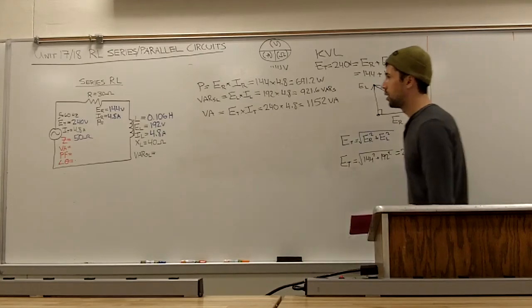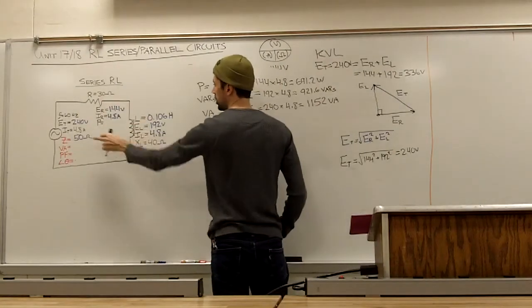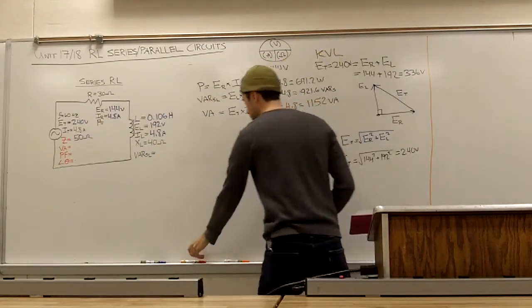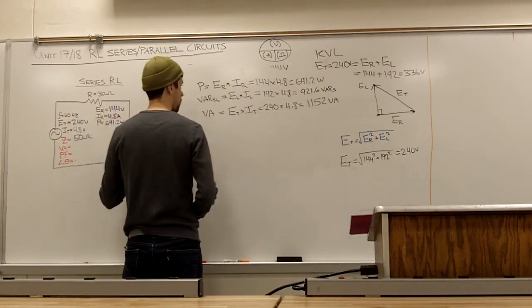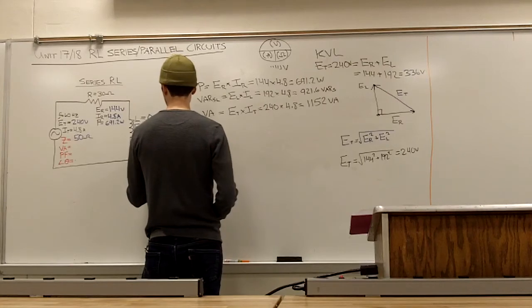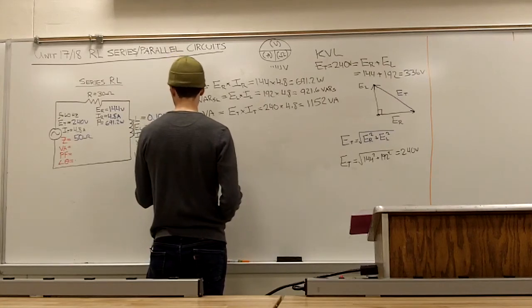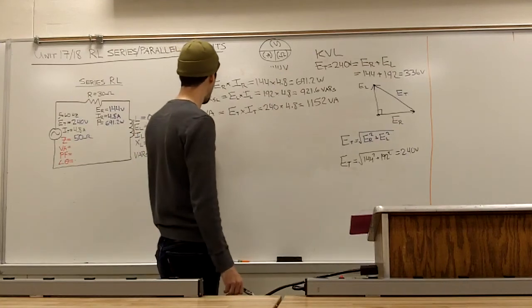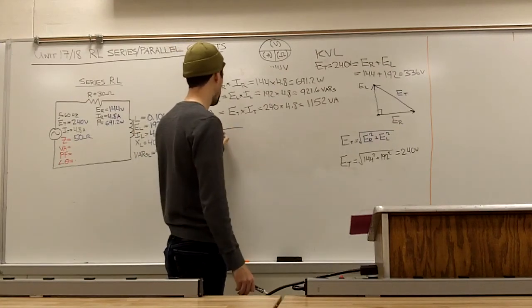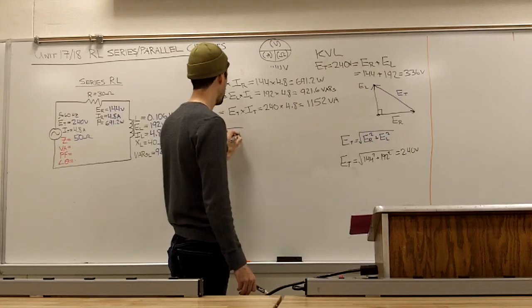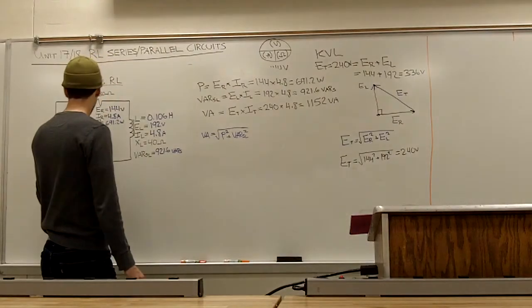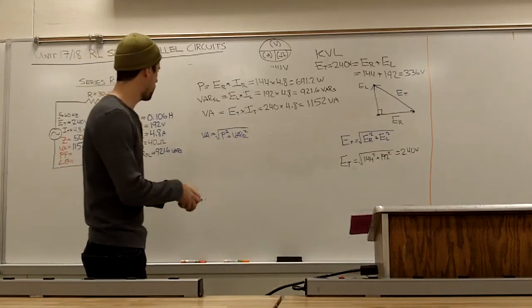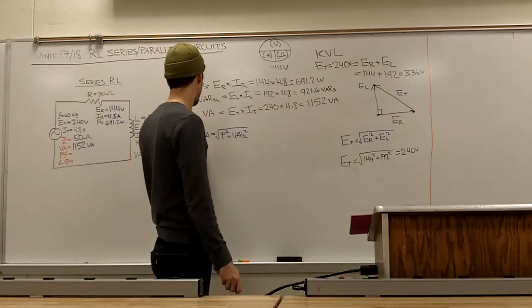Now remember, power across each component should equal the total power being supplied by the circuit. And so that means our total apparent power should be equal to the vectorial sum of the individual powers from each component. So we know our total power is 1,152 volt amps.